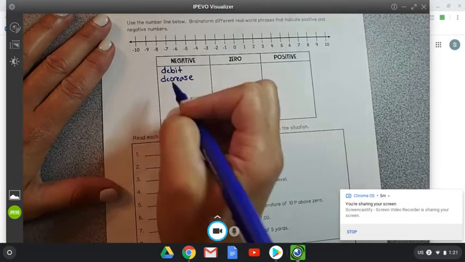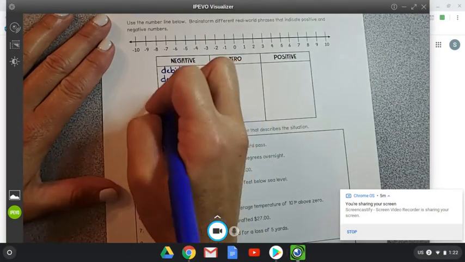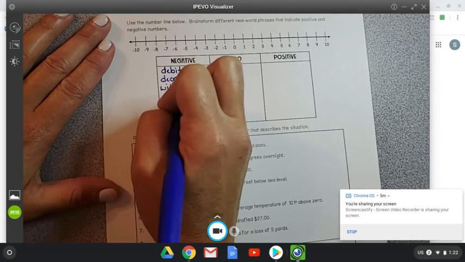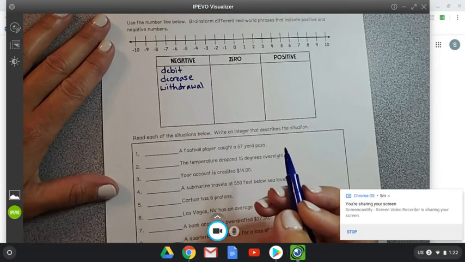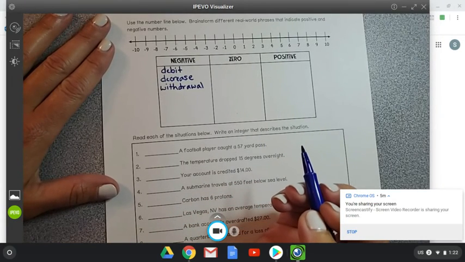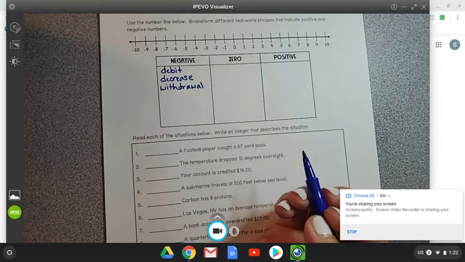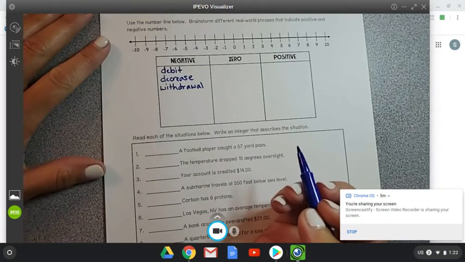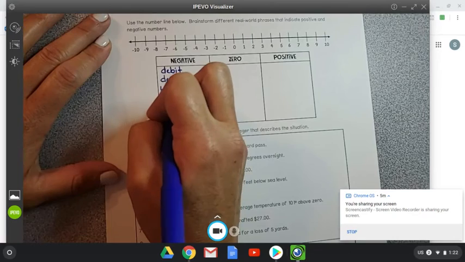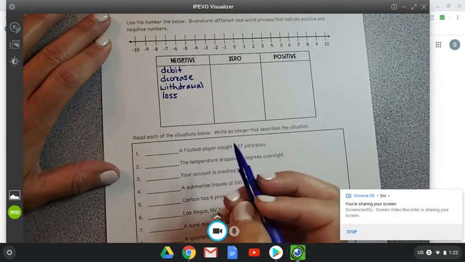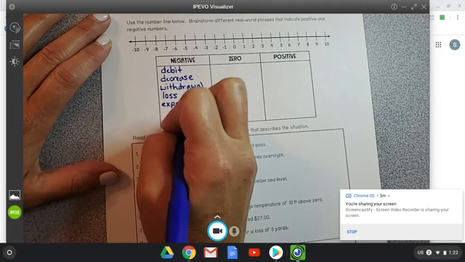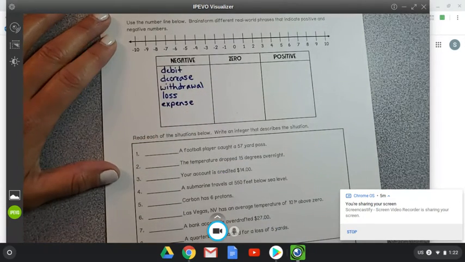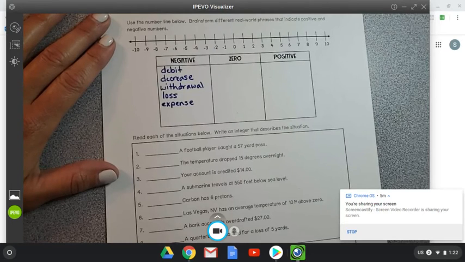Decrease is a negative word. The next word is withdrawal. Withdrawal means you are withdrawing money from your bank account or taking away from. So that's going to be negative. Loss. Expense. Again, an expense means you are losing money.